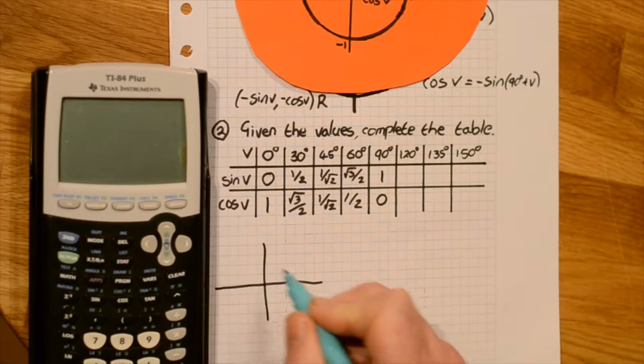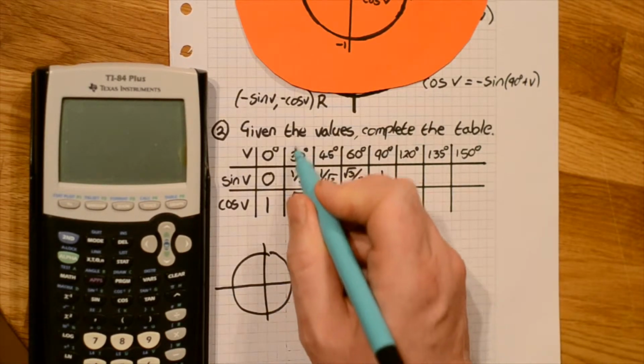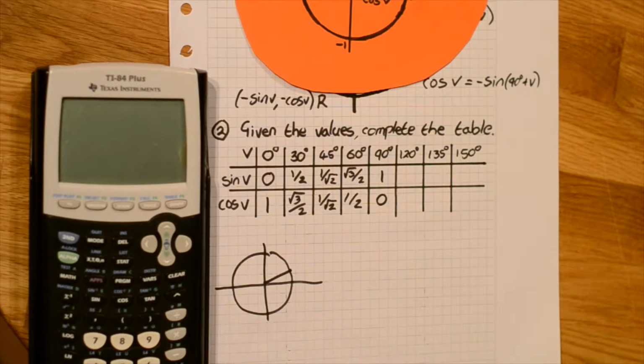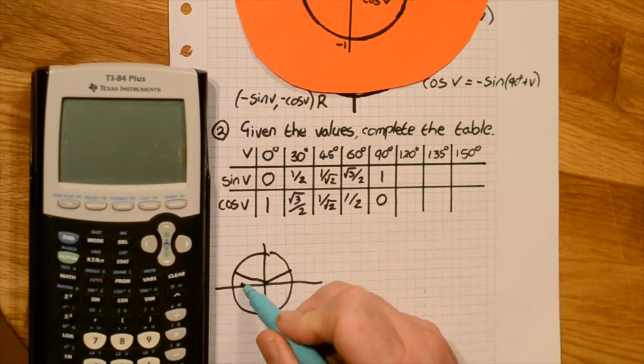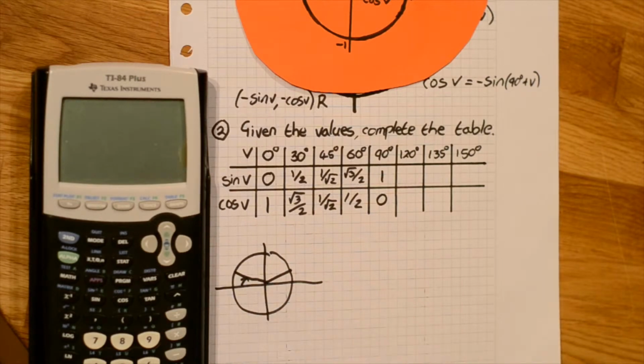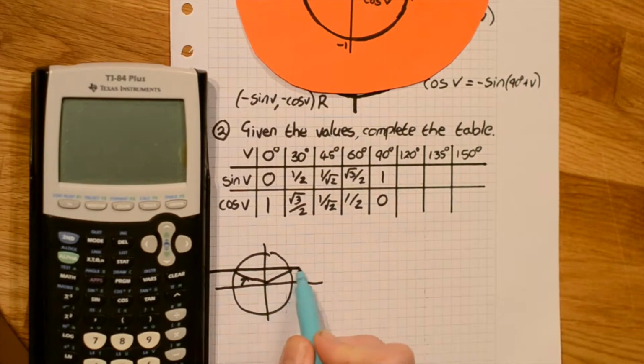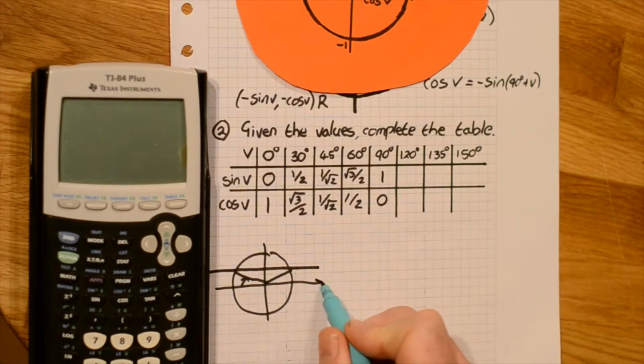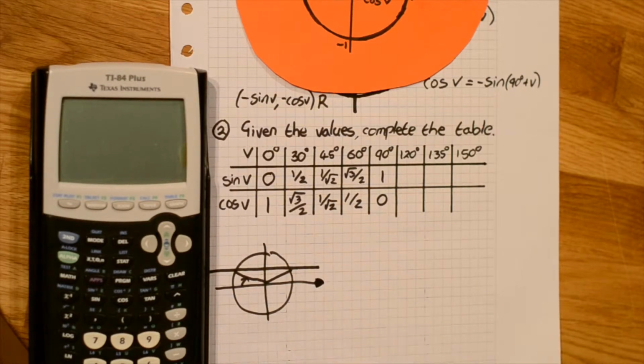We do a quick sketch of the unit circle and draw in the angle 30 degrees. It's roughly like this. If we draw in another angle over here of 30 degrees backwards in this direction, we're going to create a symmetry. We're going to have a horizontal line like this one, which is parallel to the x-axis.